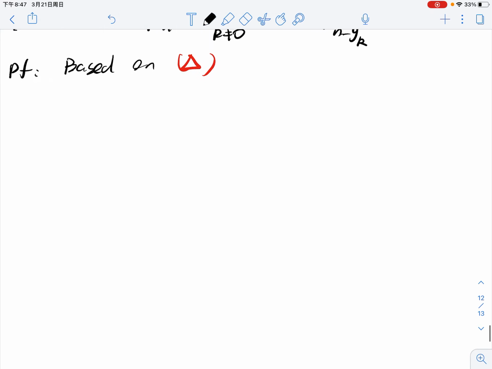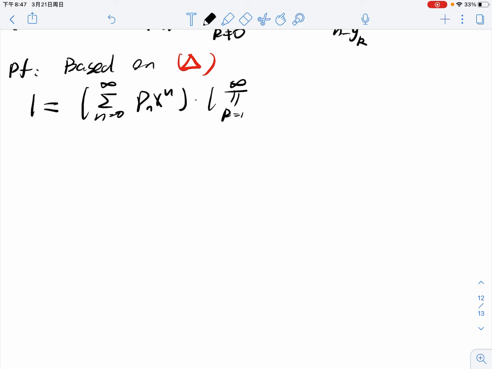because 1 equals the generating function of Pn times the product of 1 minus x to the k, for all k.